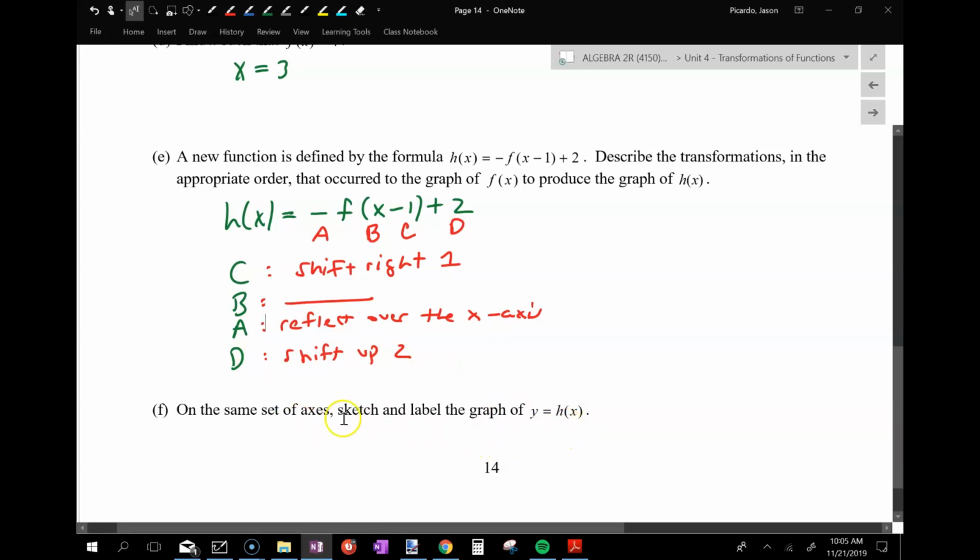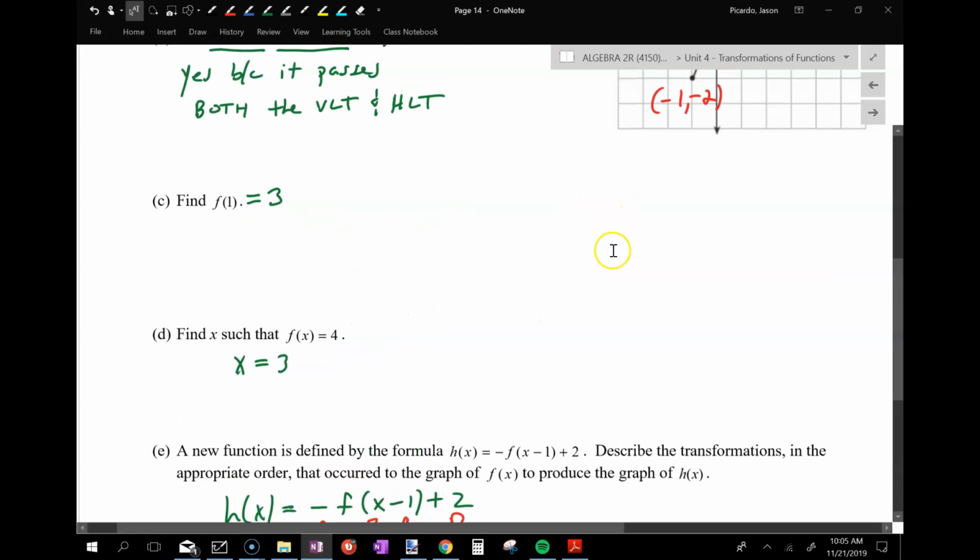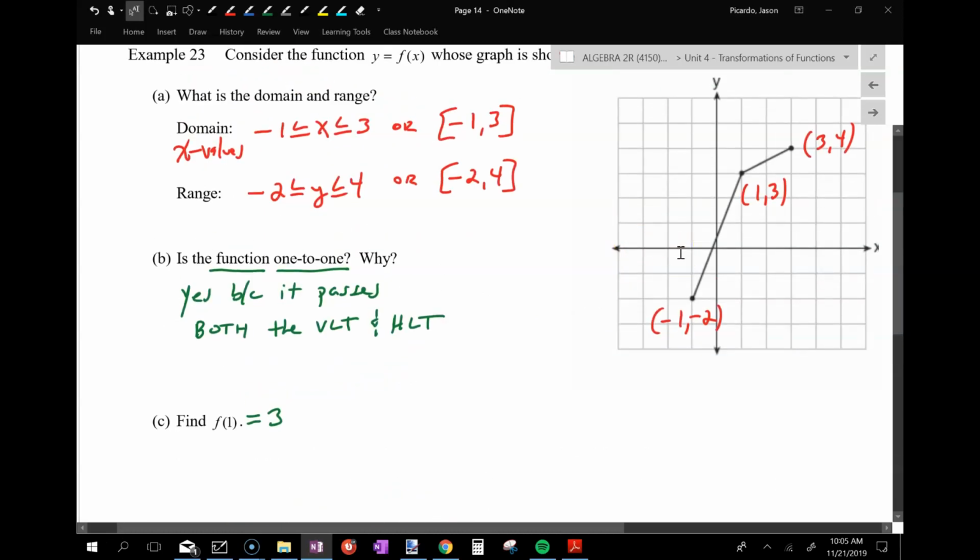On the same graph, sketch and label my new graph. So you have options now. Option is you can do it step by step, or you can take the points, write them down, and just adjust the points. So if I did it step by step and did each graph, it would look like this. I'm going to take this graph.